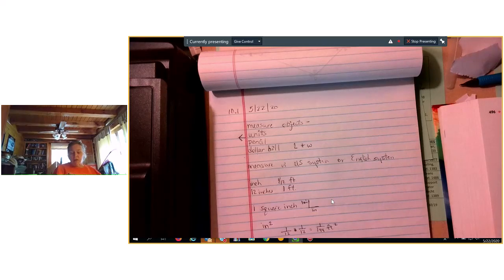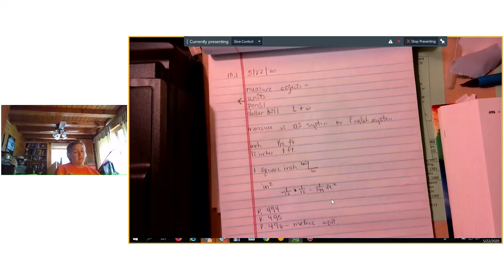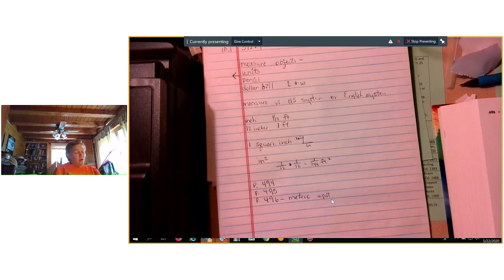Now, I'll be honest, the metric is actually going to be easier than the English units when we're talking about conversions. So the metric units and then the conversions.